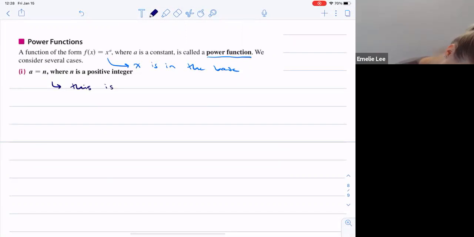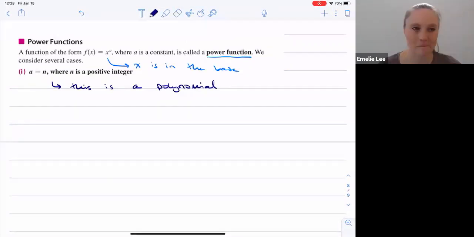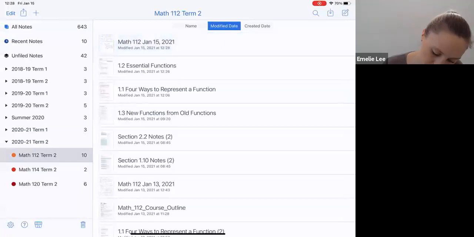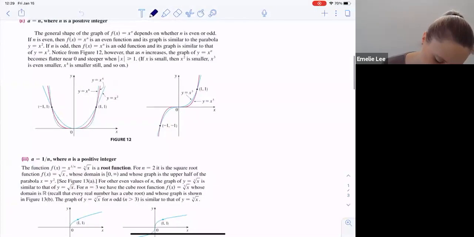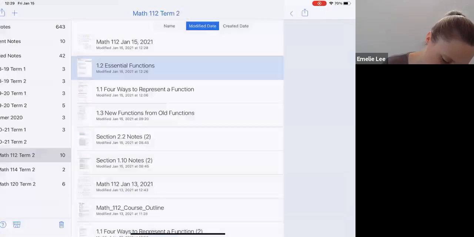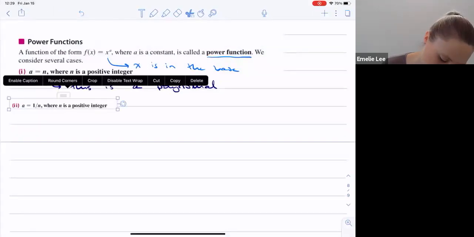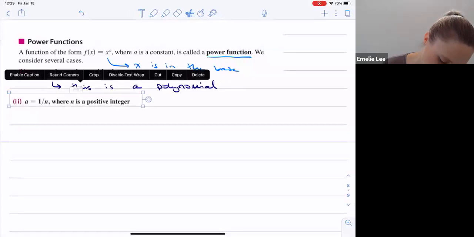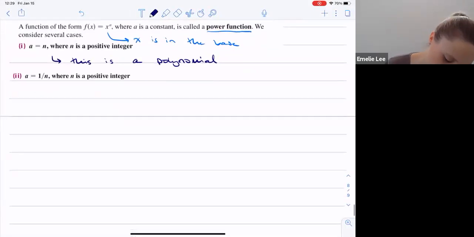So this is a polynomial. Right? It can get fancier, but essentially it's a polynomial, right? Now I've committed to their fancy breakdowns here.